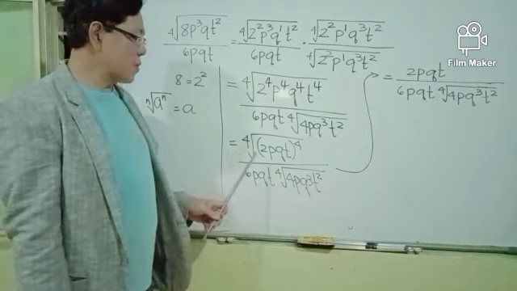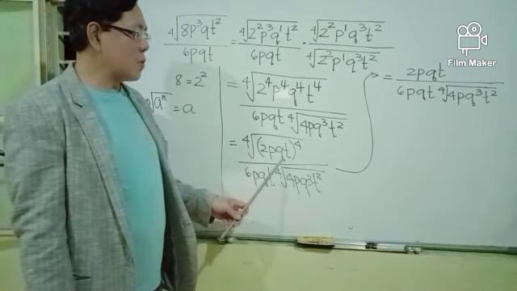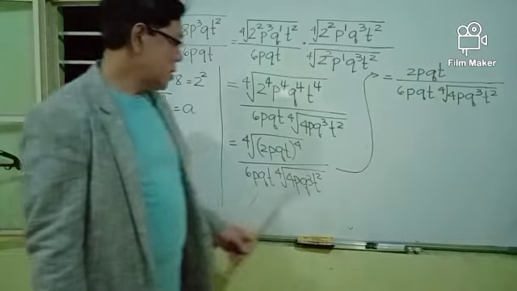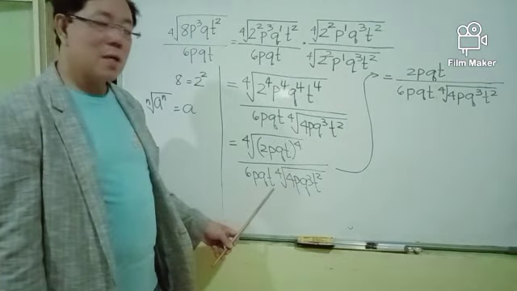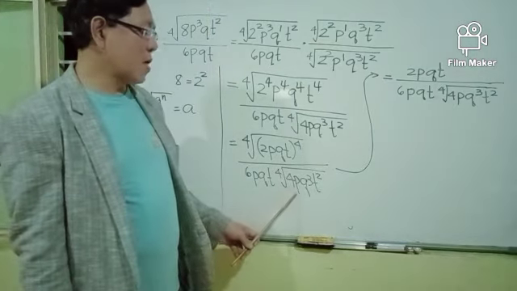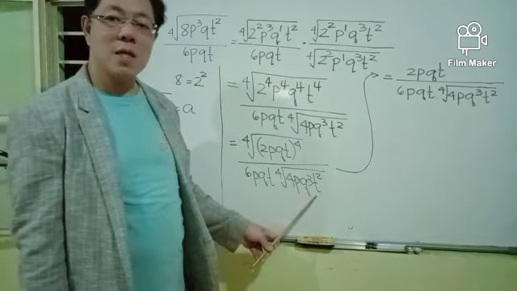Thus, the fourth root of quantity 2pqt raised to 4 is simply 2pqt. Divide by 6pqt, multiply by the fourth root of 4 times p times q raised to 3 times t squared.